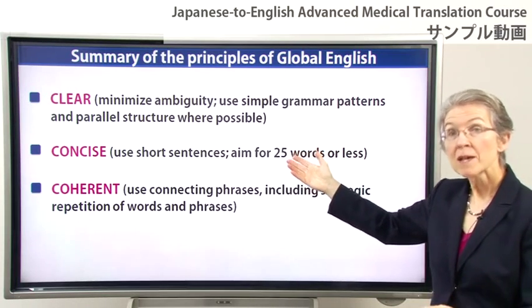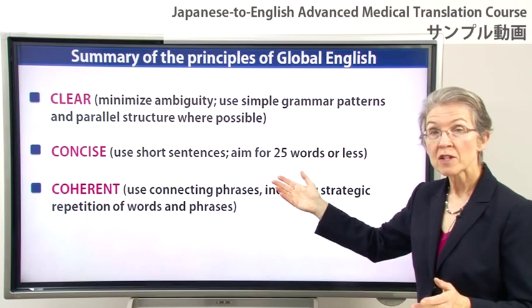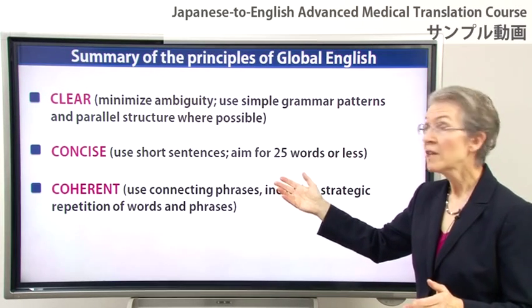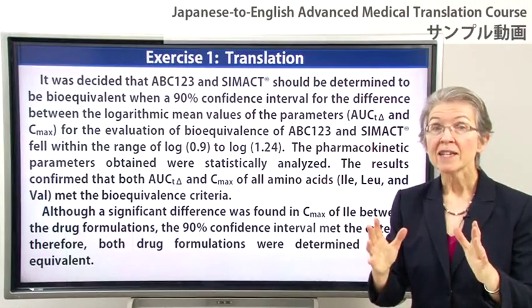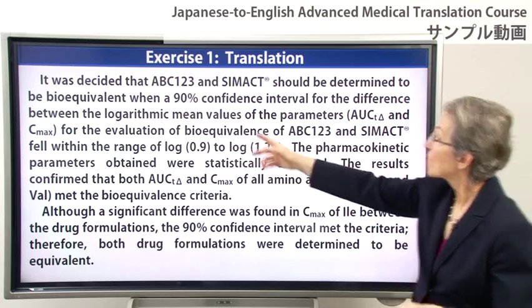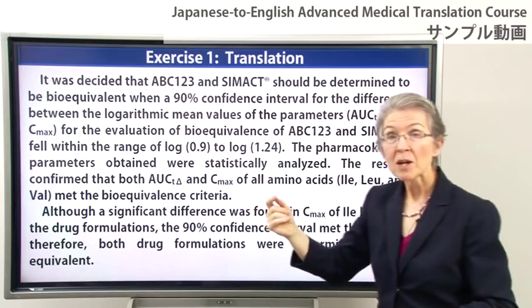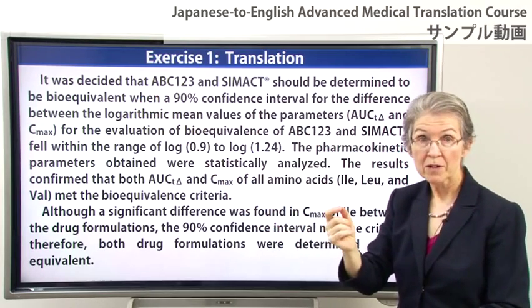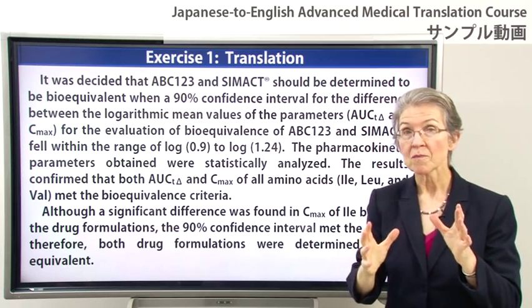Here are my basic principles of global English. I've summarized them for Japanese medical and pharmaceutical translators. And it's also complex. For example, see here? "It was decided that." Many Japanese translators use this pattern, but it's difficult to understand in English.